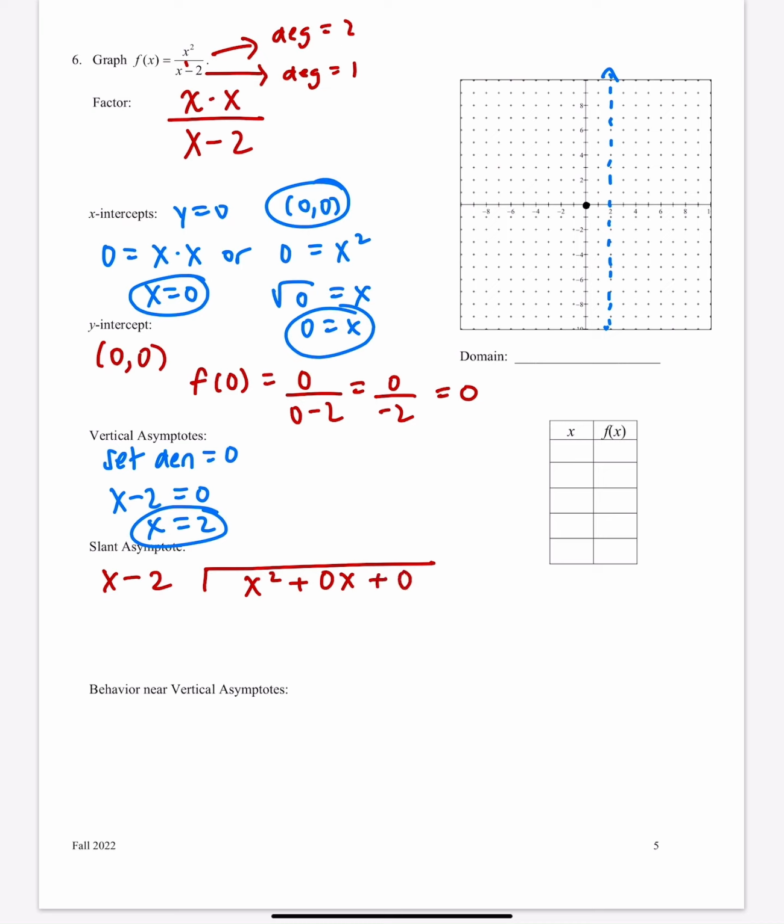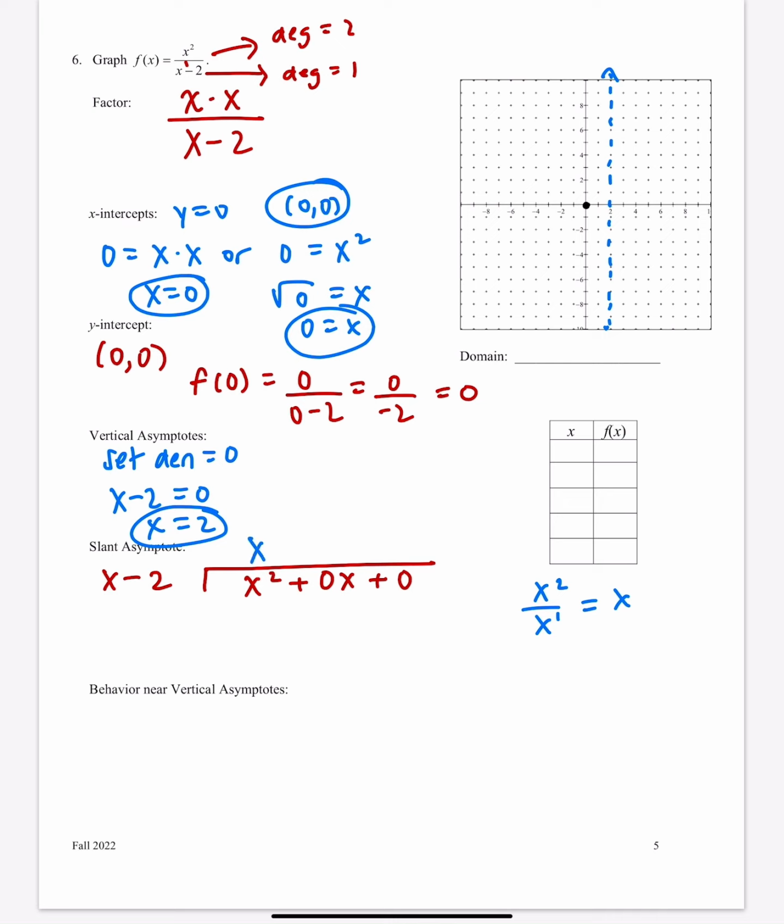And then I divide. So on the side, I'm doing x squared divided by x. I look at the leading terms. x goes inside x squared x times, because x squared divided by x to the power 1 is simply just x. Right?